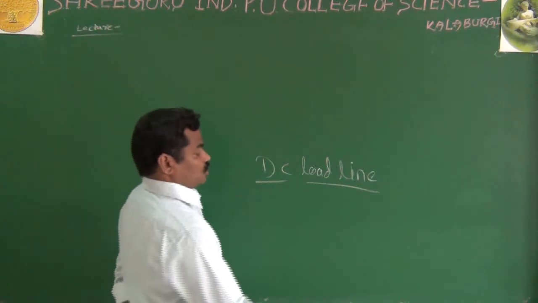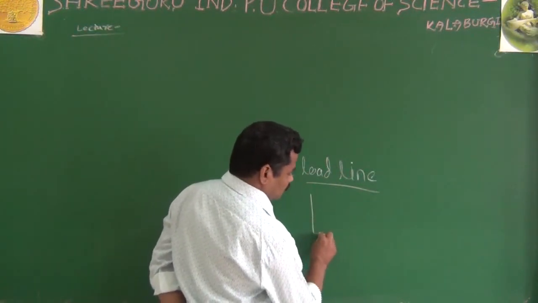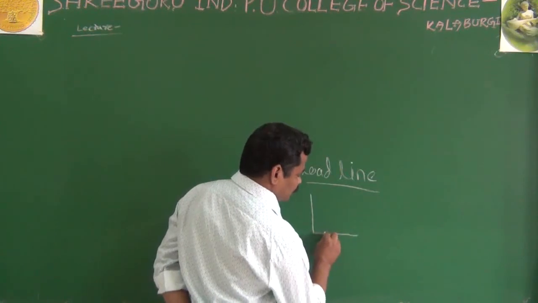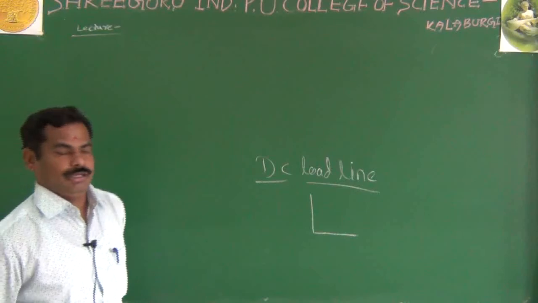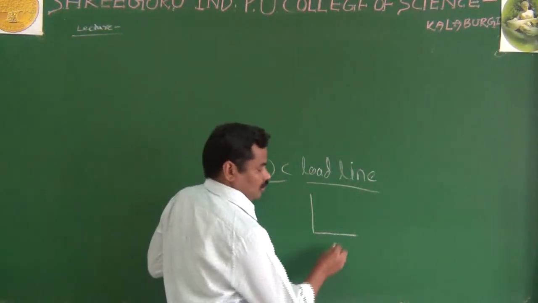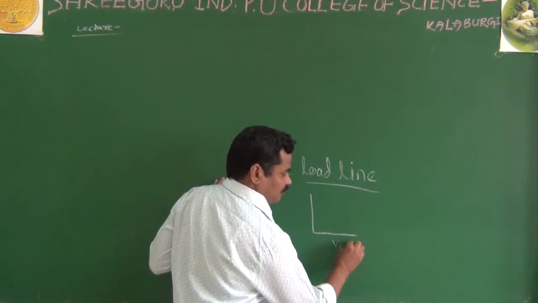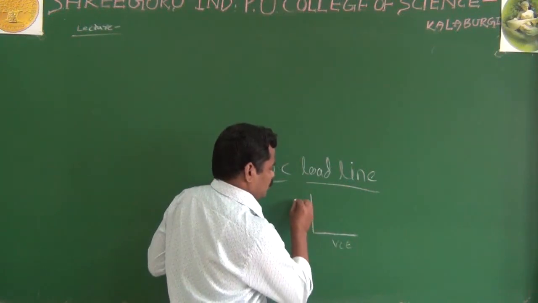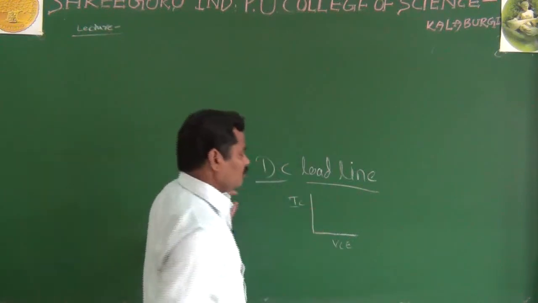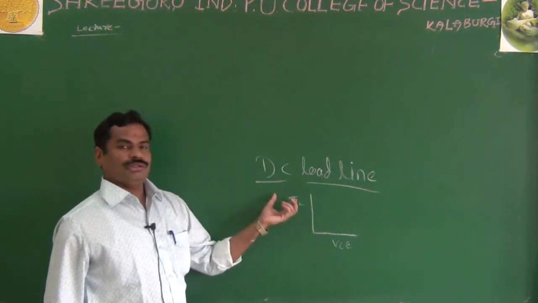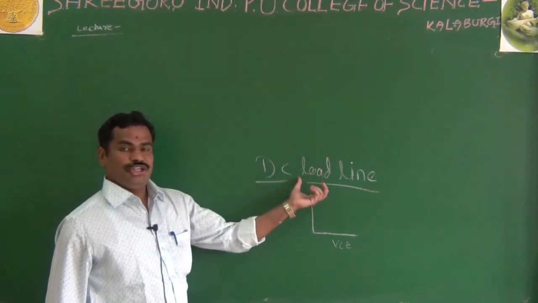And also, as I said in the last class, it is a line drawn on the output characteristics of the CE amplifier. As we know about output characteristics, on the x-axis you have VCE, and on the y-axis you have IC. It means output voltage and output current. What is called the DC load line?